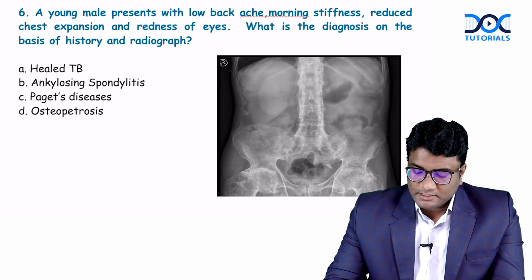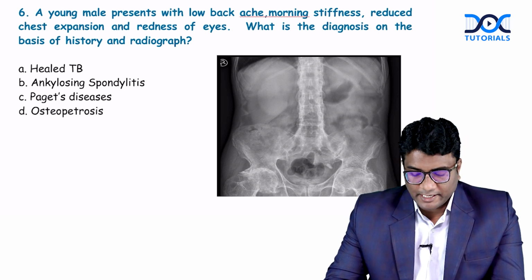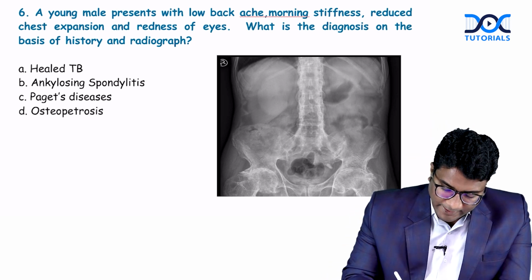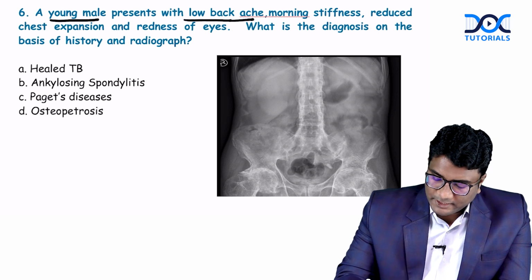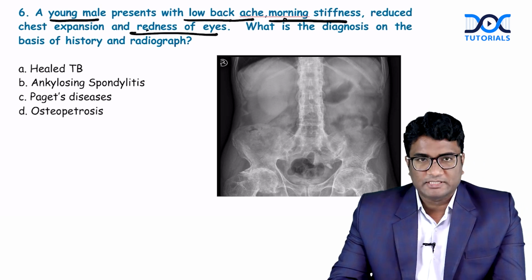A young male presents with low backache, morning stiffness, reduced chest expansion and redness of the eye. What is the diagnosis based on the given history and radiograph? So, you are being given a young male with backache, morning stiffness, uveitis features, and reduced chest expansion.